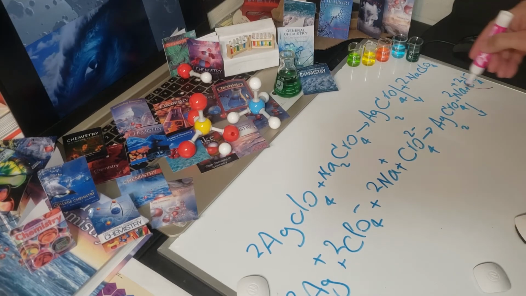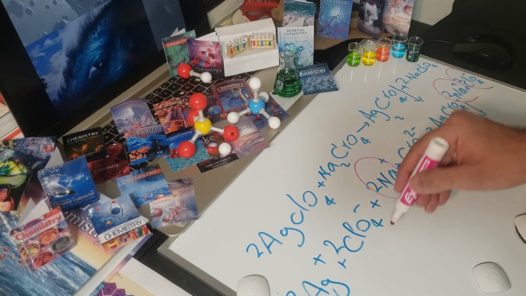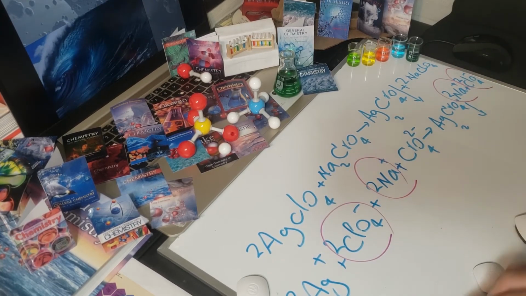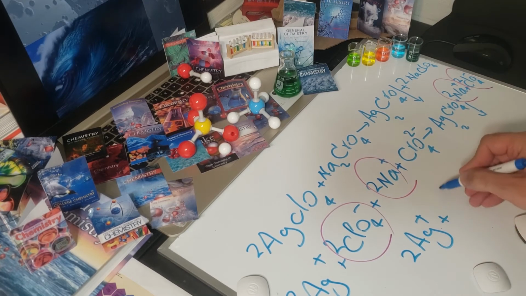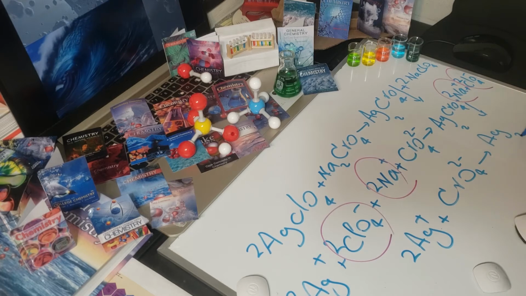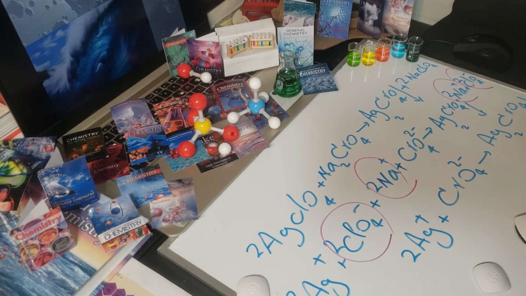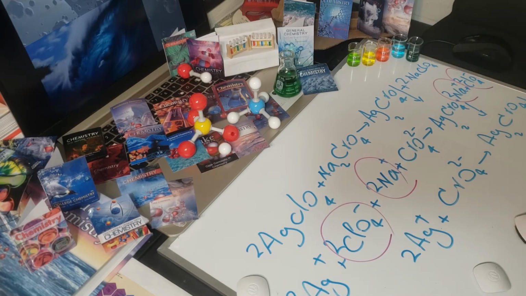So you have 2 ClO4 and 2 sodiums on both sides, and you could say 2 Ag plus and ClO4 double minus, giving you the precipitate Ag2ClO4 as your precipitate. That's the net ionic equation.